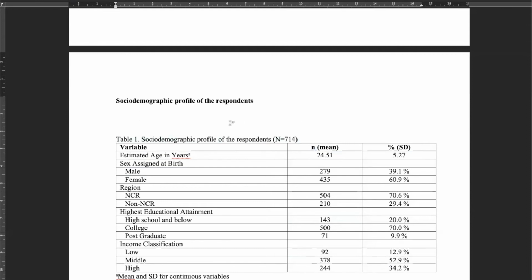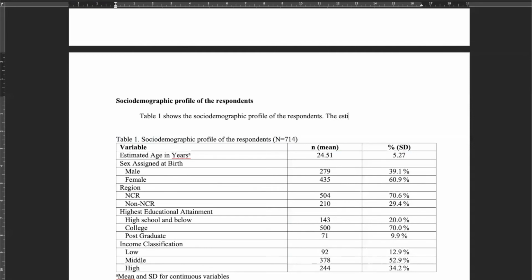So we now have to textually explicitate this. First we signify the table that we are explicitating. So Table 1 shows the sociodemographic profile of the respondents. All right.